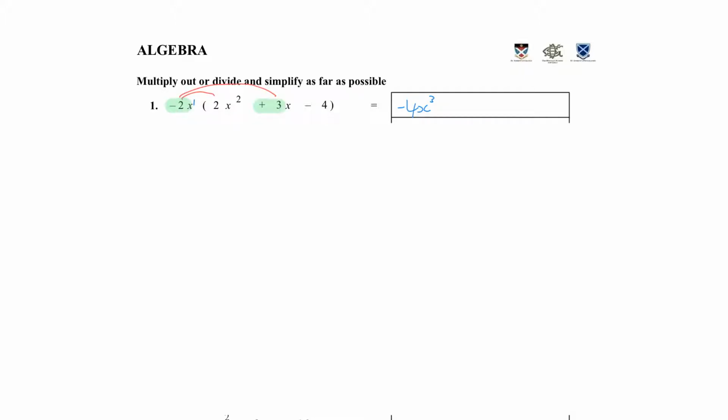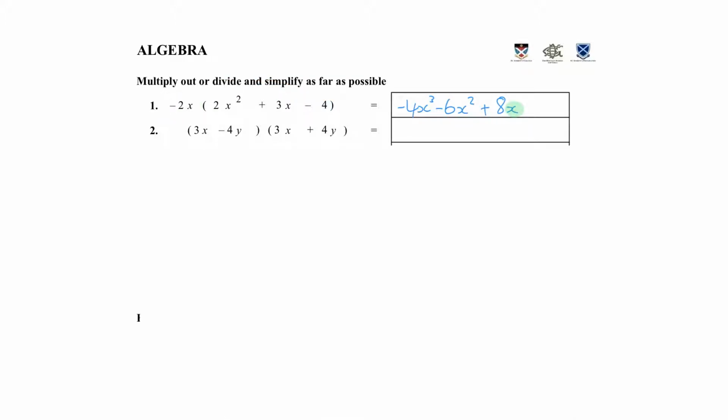And we've got minus 2 times plus 3 is minus 6. And x times x, again, this is x to the power of 1, so x times x is x squared. And finally, minus 2x times minus 4. And we've got minus 2 times minus 4 is positive 8, and we've got an x over there.